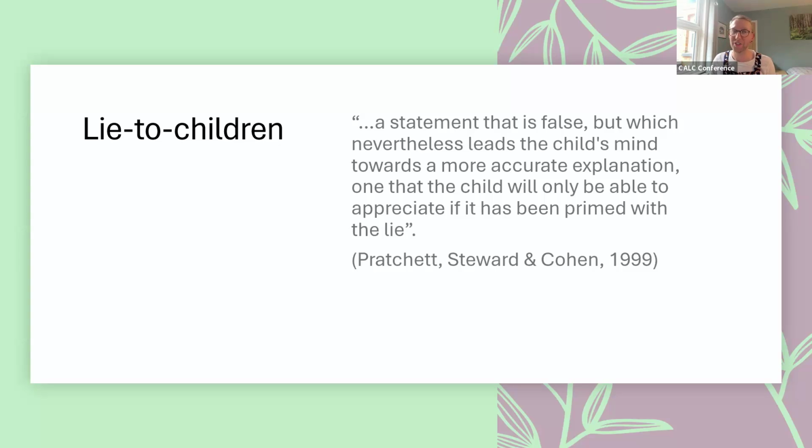Now, the term lie is often used wholly negatively, but within this context, the lie has the purpose of explaining the basics in a digestible way and giving the learner the amount of information that they need for their context. So if you want children to learn about what an atom is and what the parts of an atom are, starting out from the point of view of quantum mechanics and that electrons exist in a cloud of probability is not going to be very useful. You need a simpler model, even though you know that to be inaccurate.